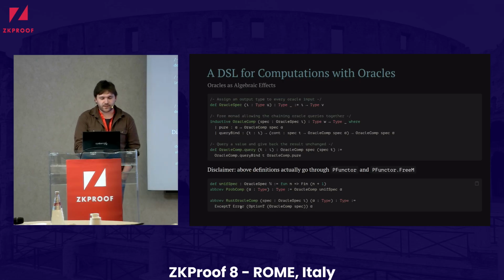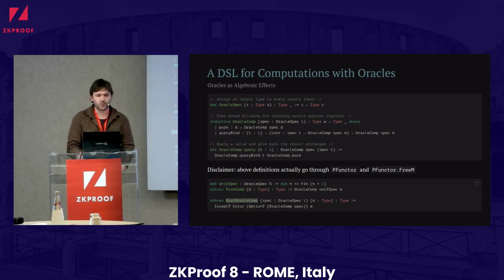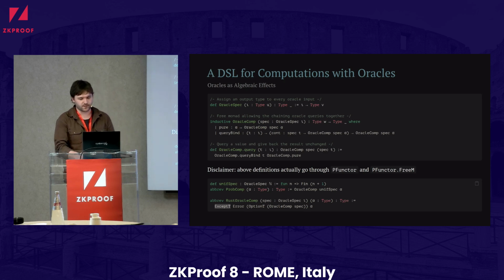And when we do need things like, for instance, to be able to fail or throw errors, which this Rust OracleComp is what's used with hacks to connect to end-to-end Rust verification. There's not much work on this, but it is doable, and I think maybe some basic examples are fully done with that. But we just use these monad transformers to extend the language rather than assume our base language has a lot of features.